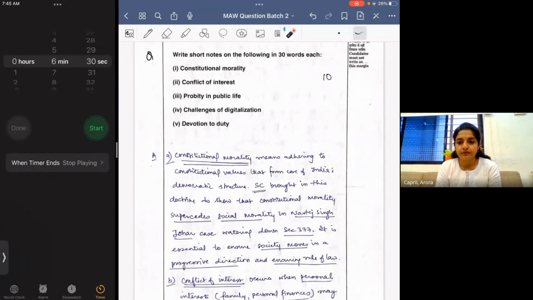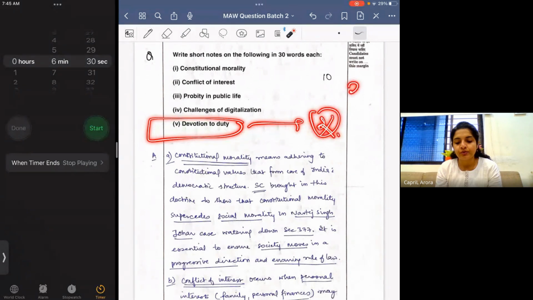Yes, Sabarimala as constitutional morality. Nishkam karma is the devotion to duty. So you're getting my point. Something like this comes. You have to make sure you are attempting all of them. And if you miss one of them directly, 2 marks are going to go out. You are going to be evaluated out of 8.